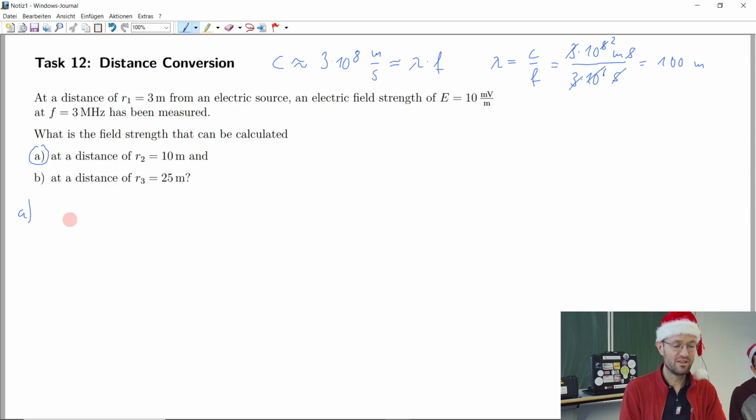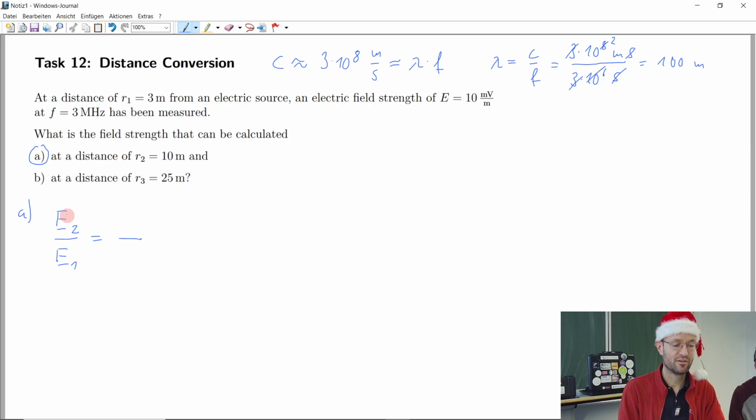So we could say something if we know the field strength at one distance. Let's call it E1. So we want to know the field strength at the distance E2. We know the field strength at the distance E1, so this is the unknown, this is the known one, but at the end it does not matter.